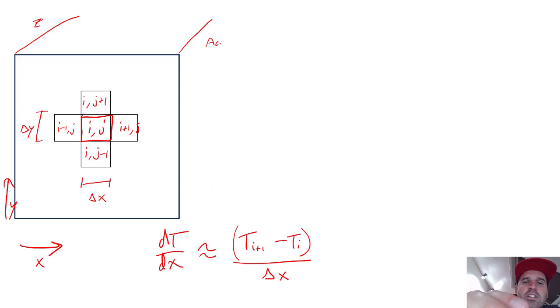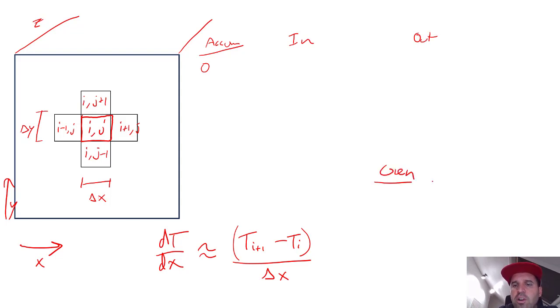So we have accumulation. In this problem, we're going to assume steady state, so accumulation is going to be 0. We're going to have an in term, an out term, and then we could also have generation in this problem, and I've written it out like this for a reason. So we're going to break this problem down.